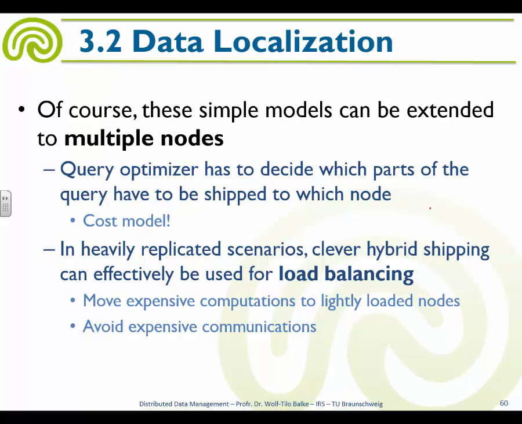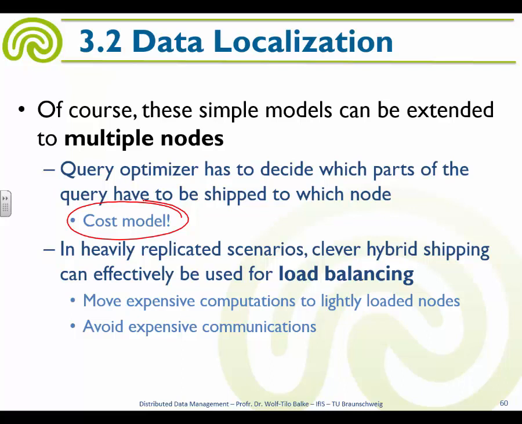So it's very simple to extend those queries to multiple nodes, and the query optimizer needs a cost model to figure out what should be shipped and what should be pre-selected and what should not be shipped, what doesn't have to be shipped, and so on and so on and so on, right?